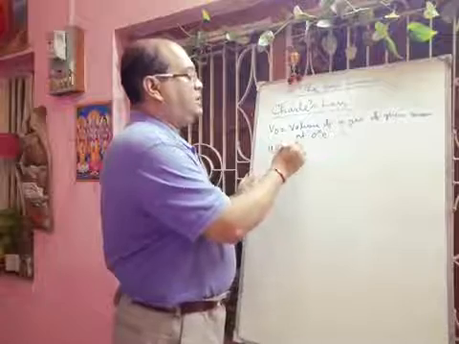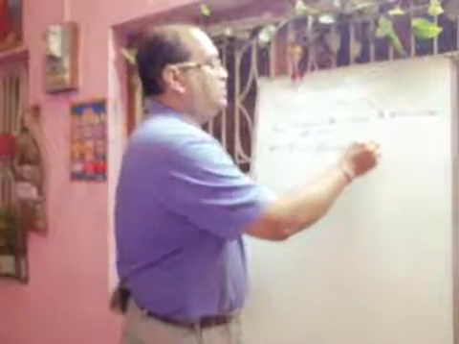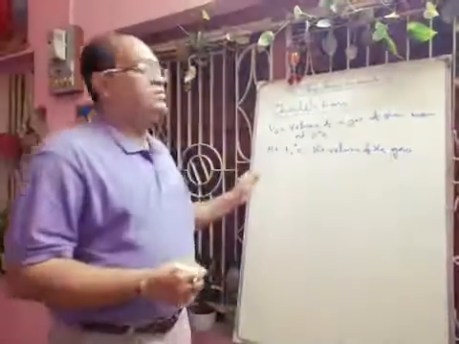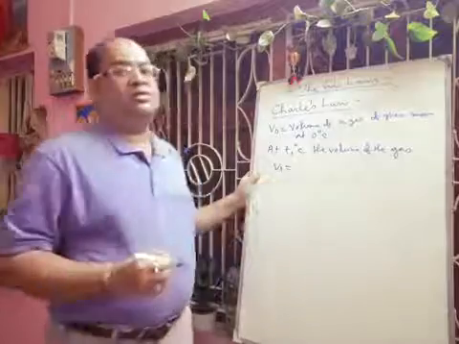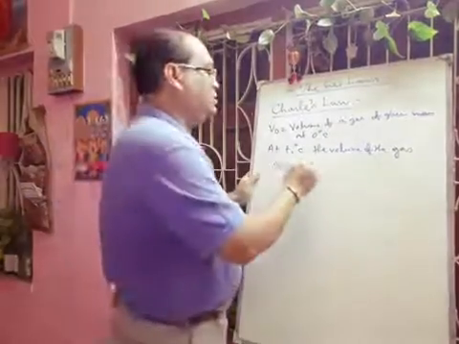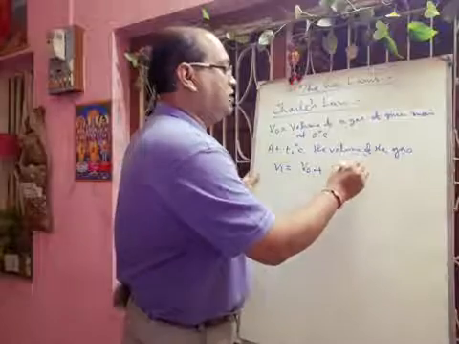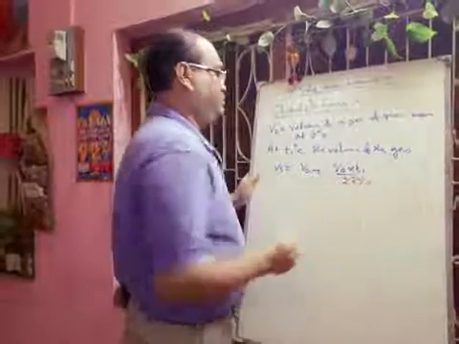Next, at T1 degree centigrade, the volume of the gas will be V1. Then V1 is equal to, according to Charles' law, V0 plus V0 into T1 divided by 273.